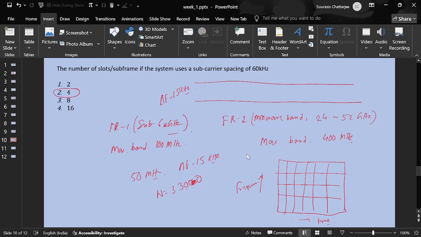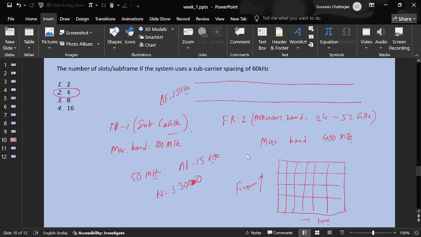And what is the subframe? Each frame contains 10 subframes, and each subframe is of 1 millisecond duration. Please explain this frame concept. What is the subframe?